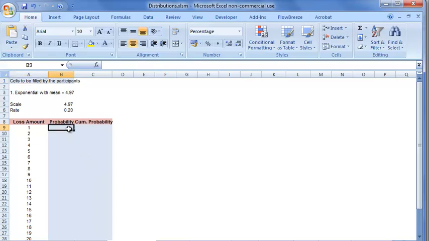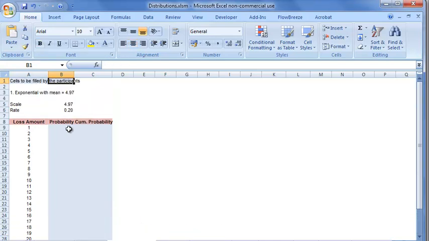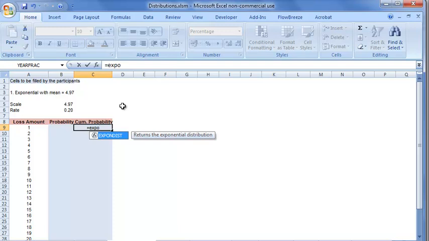Essentially, we just have to find out the 95th quantile of the exponential distribution. In Excel, however, the inverse function of exponential distribution is not available. So we will use the cumulative function. We use the exponential distribution function.